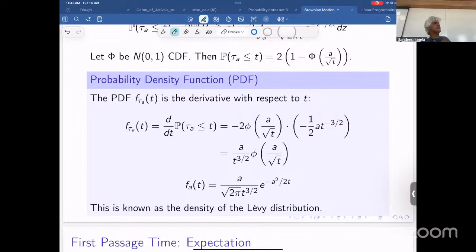So it's still a finite random variable. Levy distribution is just the probability of Brownian motion ever hitting level A. Time to hit level A. So F of A is just that probability. So it should depend upon A, right? As A becomes larger, the time should become larger.